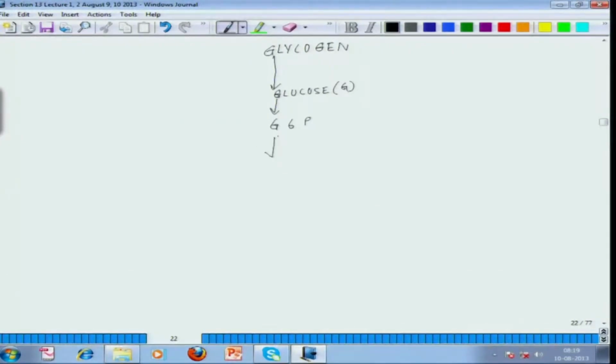Then you have fructose 6 phosphate, then fructose 1,6 bisphosphate. Then you have a 3 carbon intermediate.